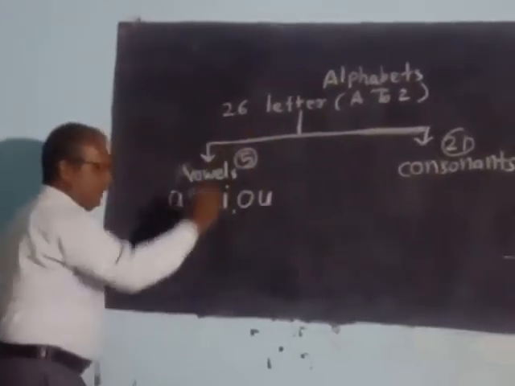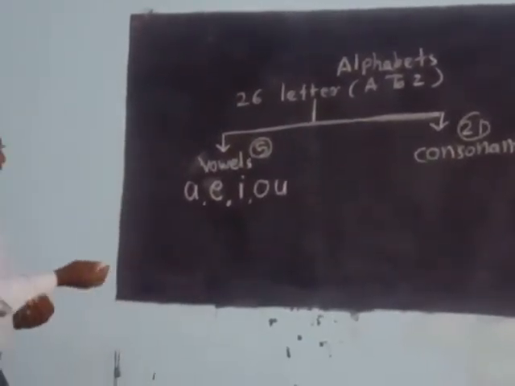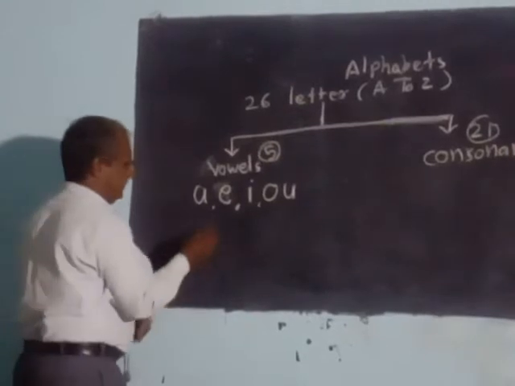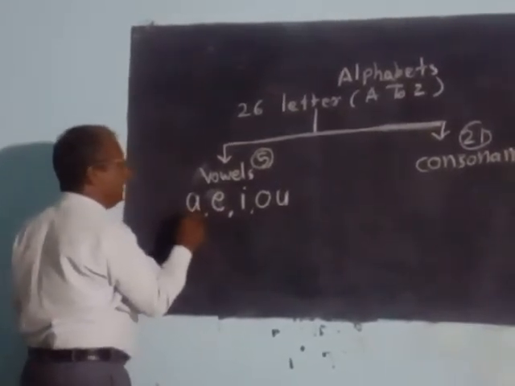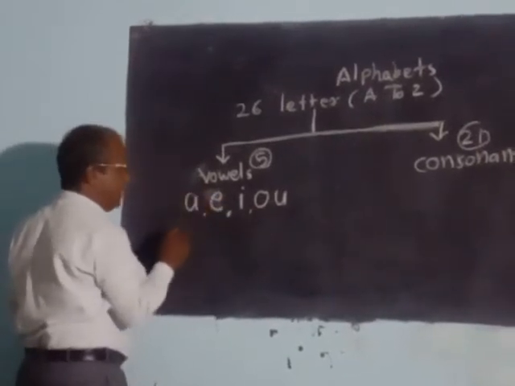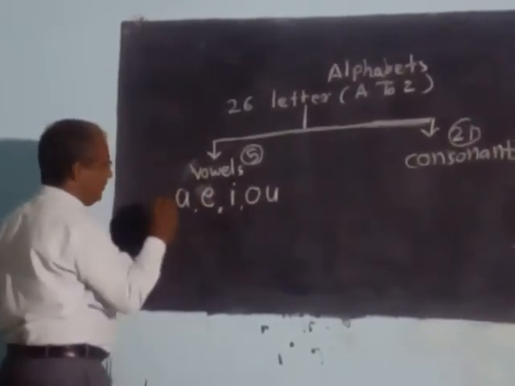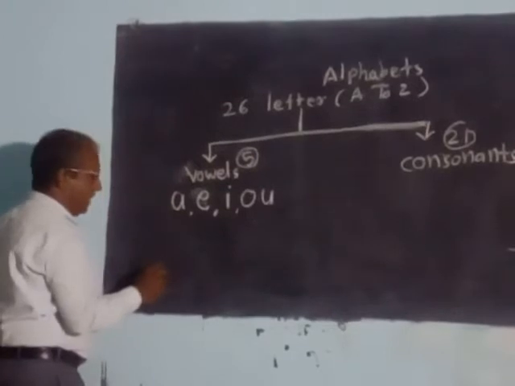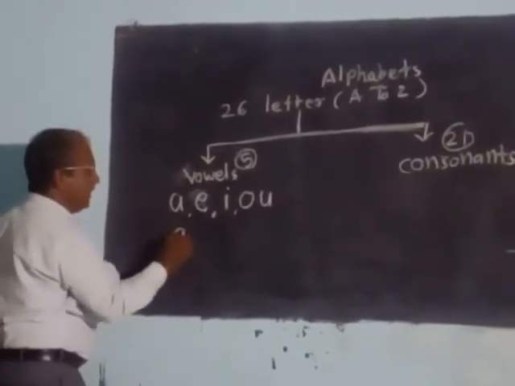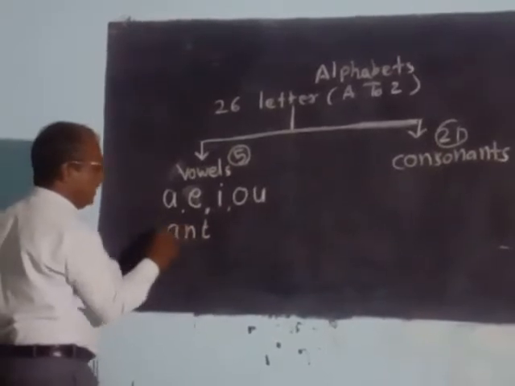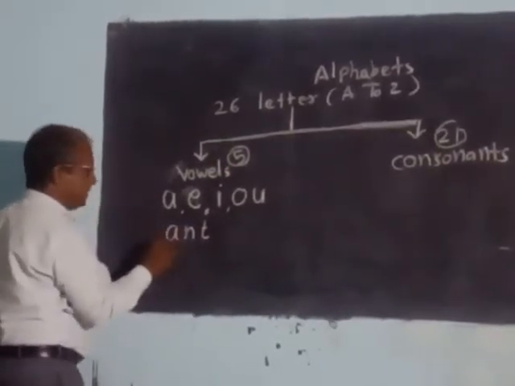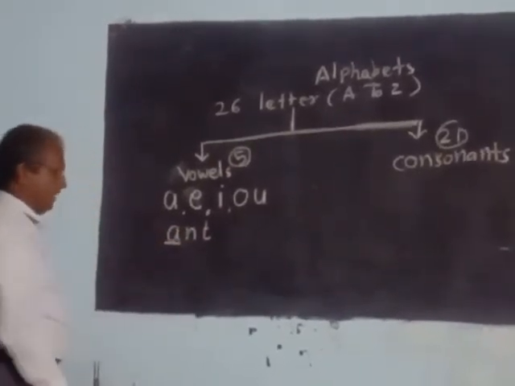We can make any word from these 5 letters, including them. For example, A, N, T. In the word ant there is a vowel.